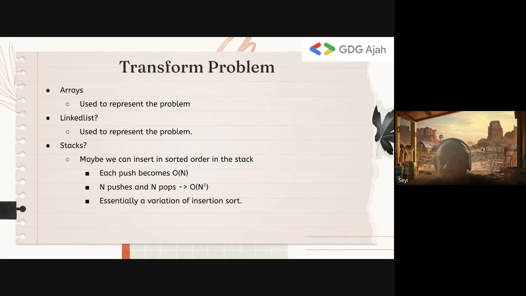If we want to push 0 to the stack, we have to pop 3 and 1, put 0, and push 1 and 3. That becomes O of n for each push in the worst case. And if we do n pushes and n pops, we're going to have n squared. So that doesn't really help us. Essentially, that becomes a variation of insertion sort.